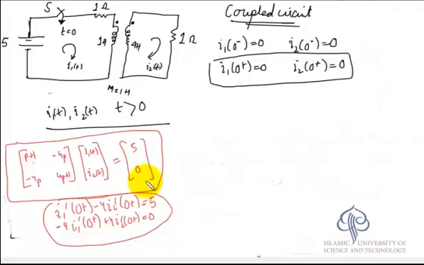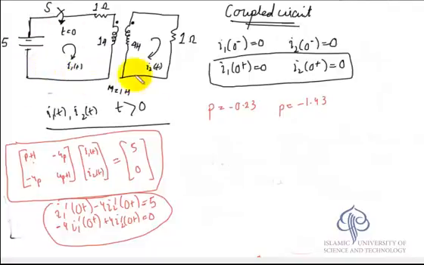If you see the determinant of this matrix here, the characteristic equation will give you two roots. One is p is equal to minus 0.23, the other is p is equal to minus 1.43.